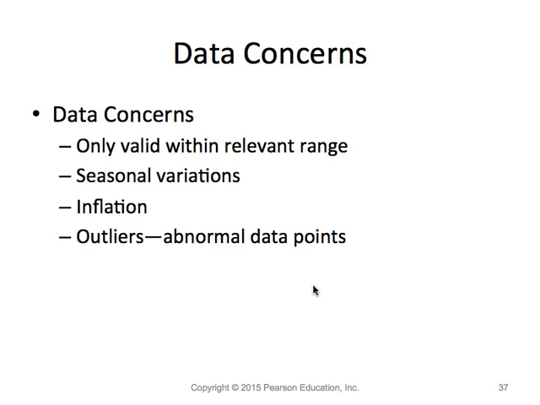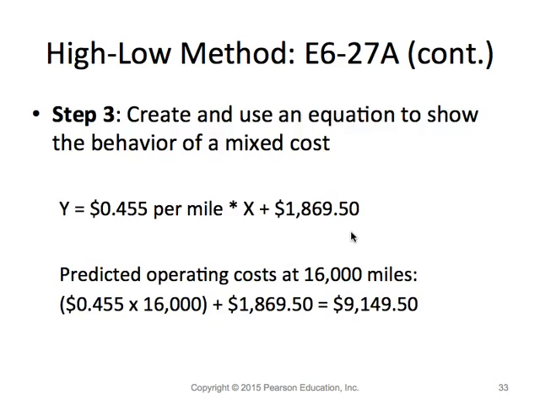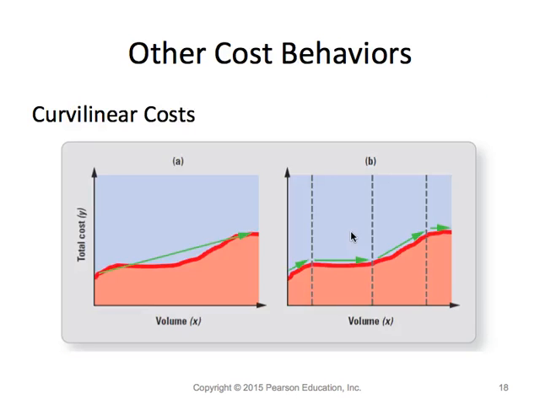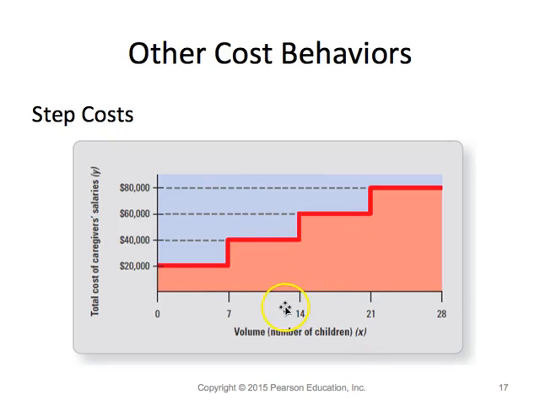Data concerns. This will be more informative. Data concerns: the data are only valid within the relevant range. Remember we have a relevant range here, with some data for the volume.